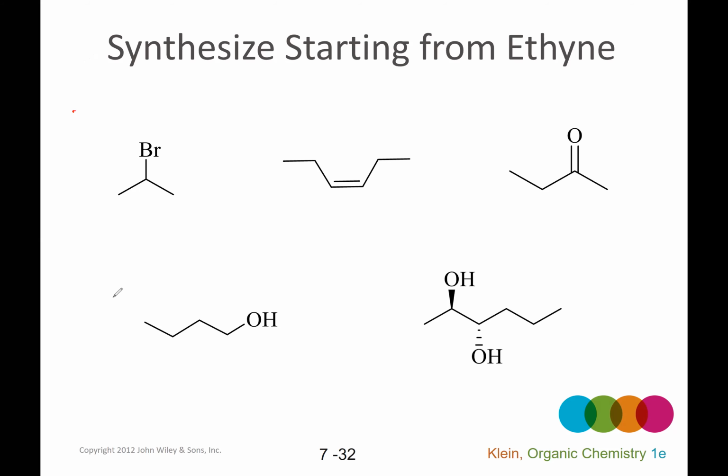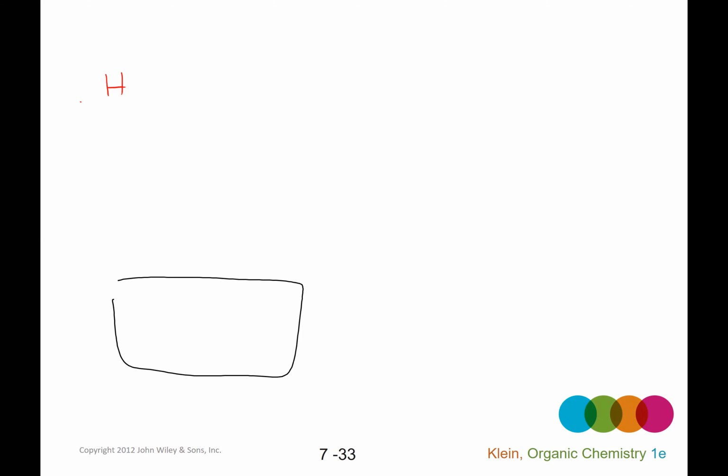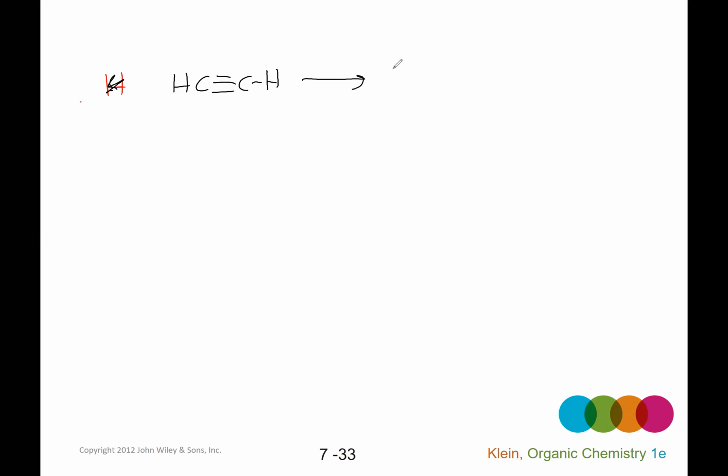Starting from acetylene, let's make 1-butanol. So we're starting with acetylene, and we're going to make 1-butanol. That's the object here.